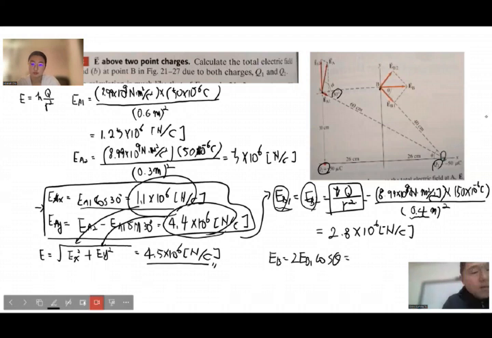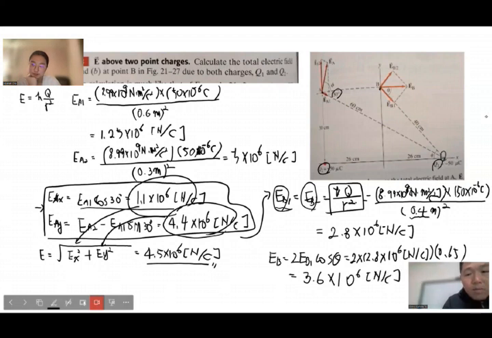So that is 2 times 2.8 times 10 to the 6 Newton per Coulomb times 0.65. Because of that, your total electric field at position B is 3.6 times 10 to the 6 Newton per Coulomb.